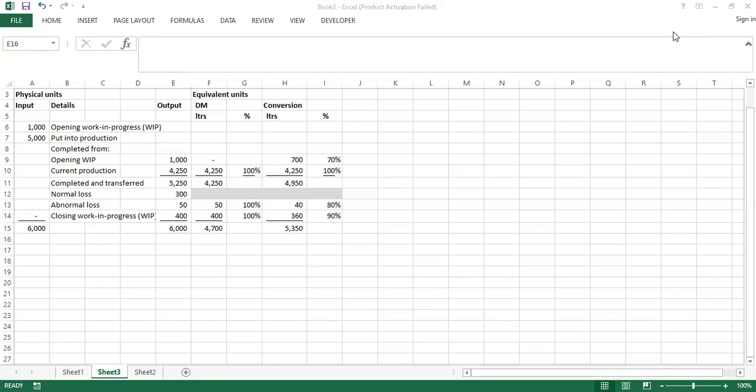You first want to fill in this 1,000, and I'm going to show you where we got it, but you also want to fill in the completed units, or the completed liters, that is the completed and transferred. Let's see where we fetch those amounts from.